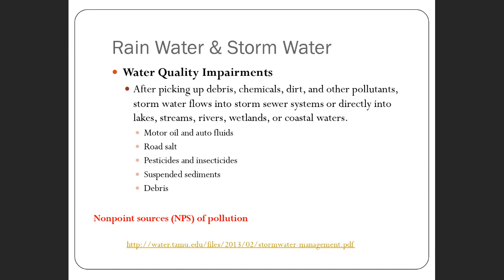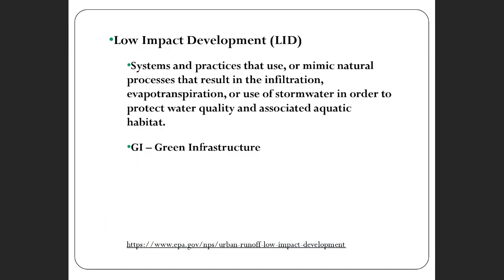We've done relatively well at cleaning up point sources of pollution. And now we're trying to tackle the non-point sources of pollution, and this is much more challenging, but no less important.